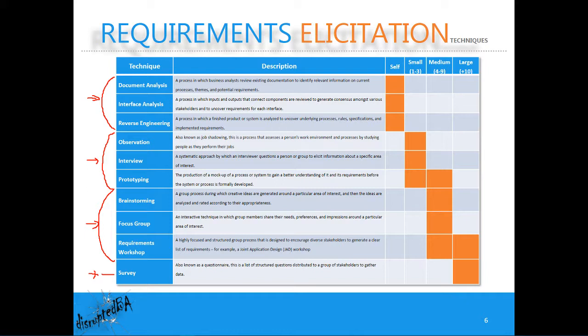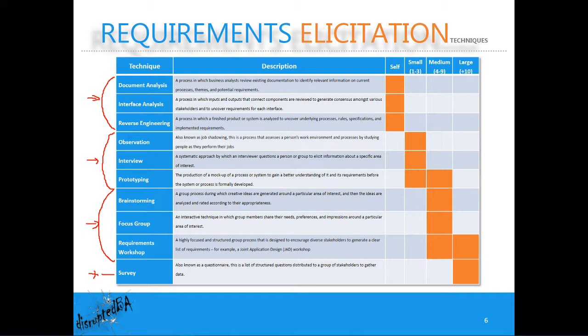And it's very important. This is where your planning comes in. You remember we talked about planning as our first task. During your planning, you would look at your stakeholders, you'd look at the complexity of the project and what you're trying to achieve, and then you need to decide which techniques would work best.